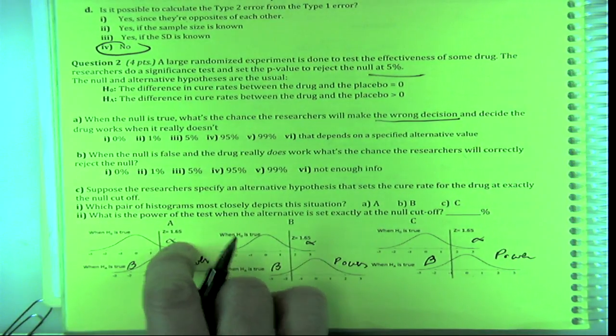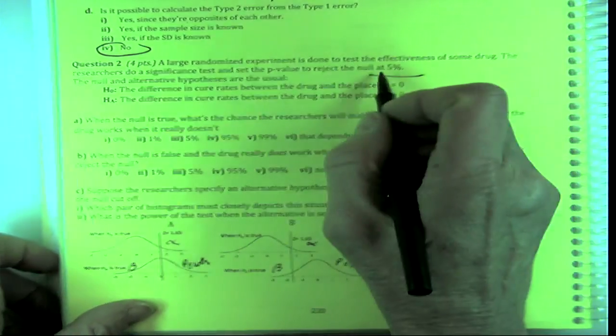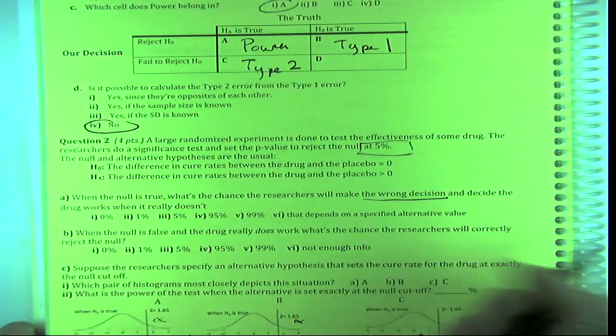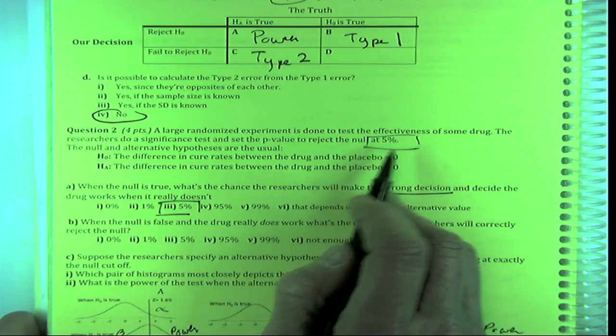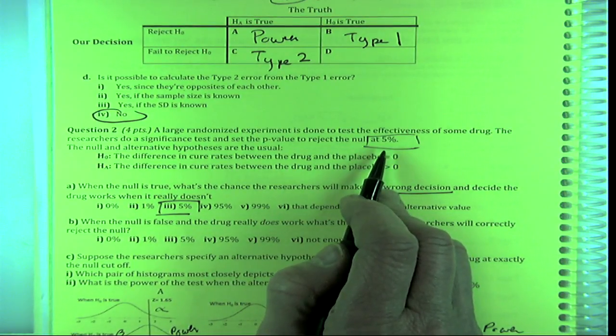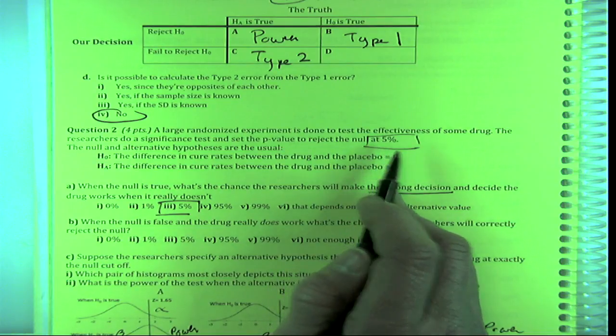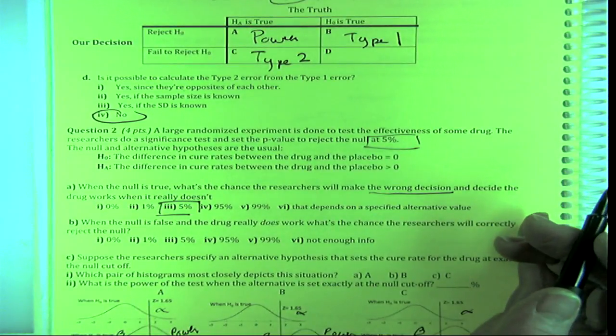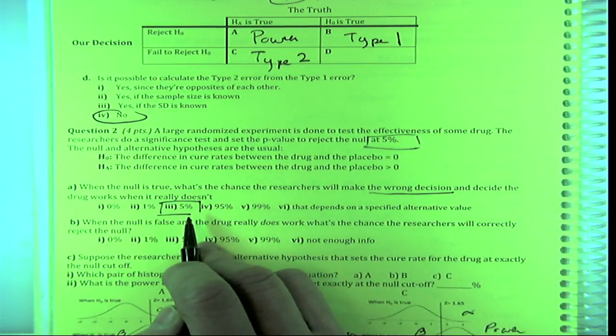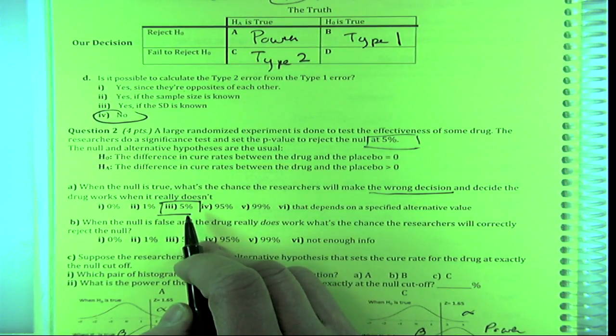So what's the chance? That's 5%. That's what this is right here. When you choose a null cutoff, you're choosing the probability of a type 1 error, which is 5%. Does that make sense?